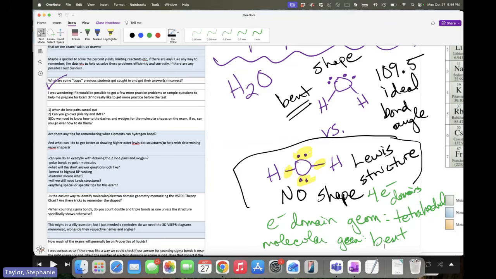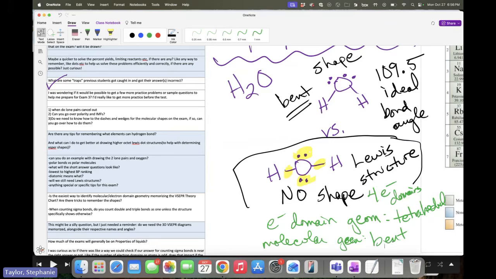They are doing their best to draw things, but because we're trying to draw correct Lewis structures and then apply shape, sometimes they get caught up in the thought, but when I drew it on the page, it looked like it had this shape. Instead of drawing the Lewis structure and saying, cool, how many electron domains do I have?